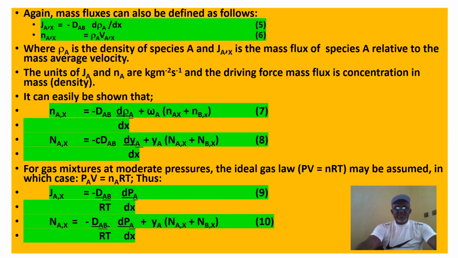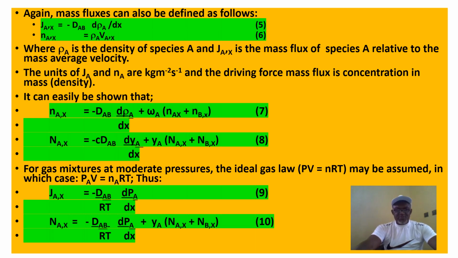Again, mass fluxes can also be defined using equation 5 and 6. So we now want to look at when it is in terms of density. We'll see equation 7. That is if the driving force for mass flux is concentration, that is mass density, we'll have our equation 8.